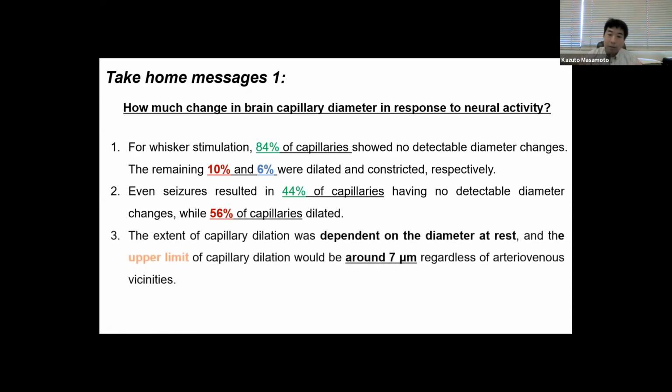And the message here is that the extent of dilation is basically dependent on the diameter at rest. This means that the smaller capillaries are highly dilated, but the slightly larger diameter capillaries shrink. So the upper limit would be around 7 micrometers, regardless of the arterial to venous axis. This is the first part of my results.